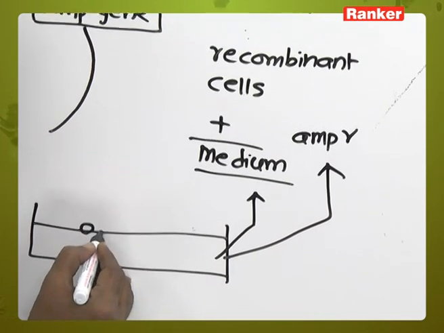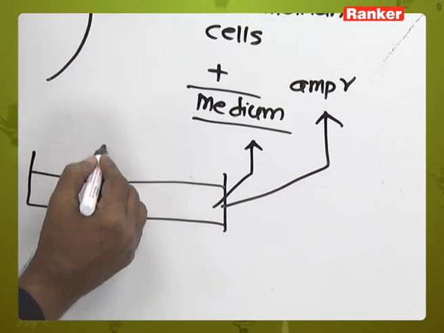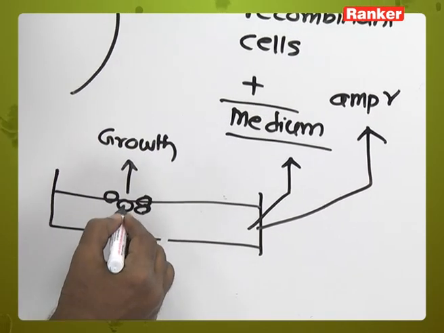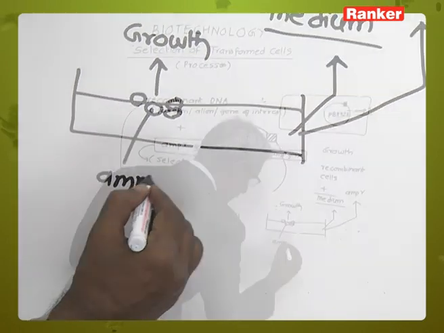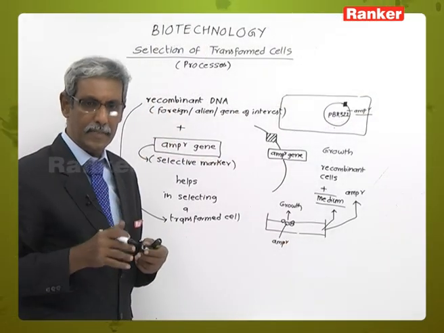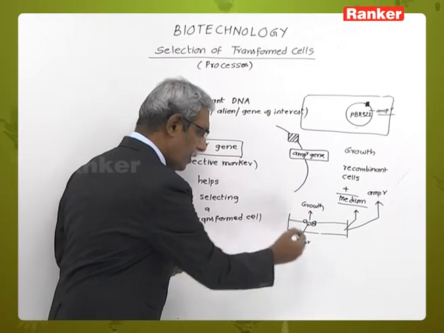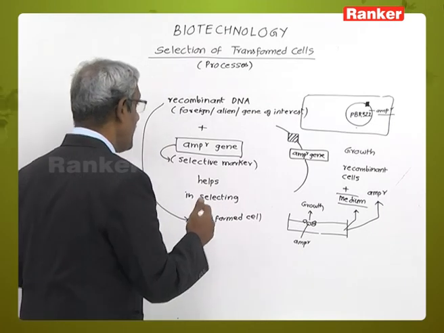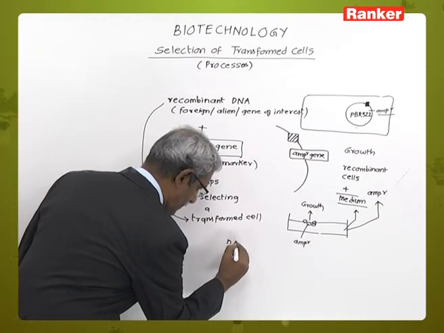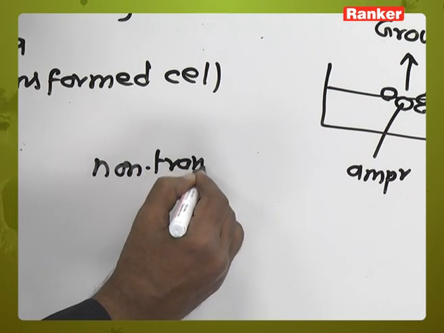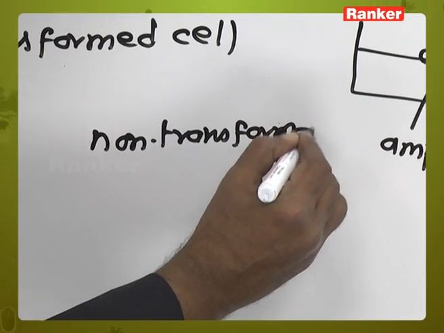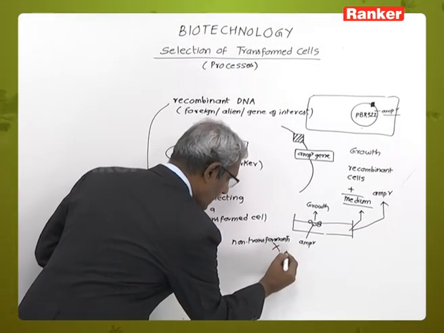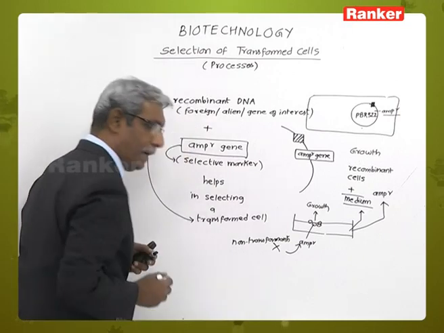You have your recombinant cells and they show growth because they have the gene for AMPR. They are ampicillin resistant. So, growth of the ampicillin resistant cells occurs down here, while the non-transformants, because they do not have the recombinant DNA, will not grow in the medium.